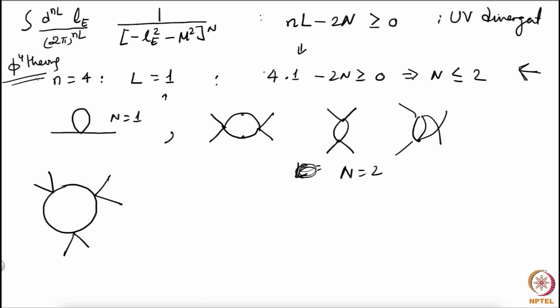Okay, we can also look in phi cube theory and see whether it is all consistent. So in phi cube theory, let's again take L equal to 1, that is one loop, and let's look at D equal to 4 dimensions. This is a 3-point vertex in phi cube theory. Okay, so how many propagators do you have here which are involved in the loop integral? There is only one, this propagator, right? Not this one. This one is not involved in the loop integral.